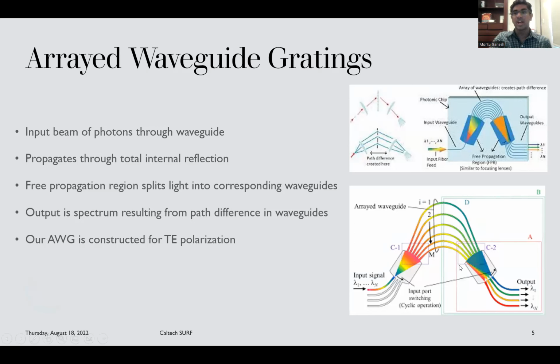So it'll diffract and the light will constructively interfere, and thus you'll have an output spectrum. The spectrum is a result of a path difference in waveguides, which will lead to constructive interference. So thus the output is a spectrum. Our AWG is constructed for transverse electric polarization.